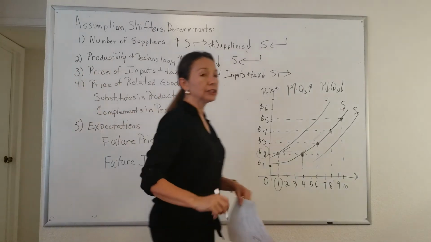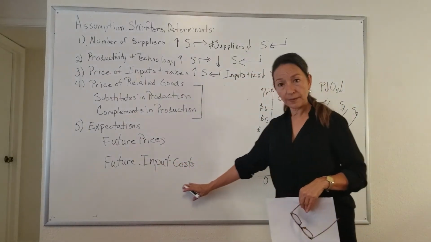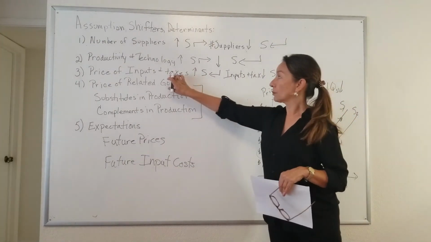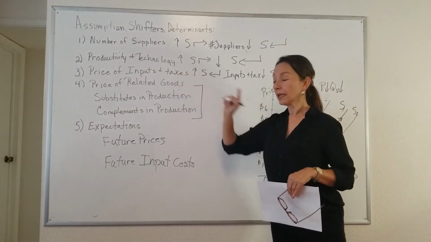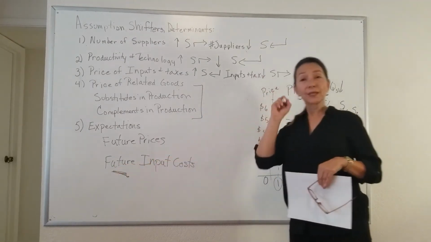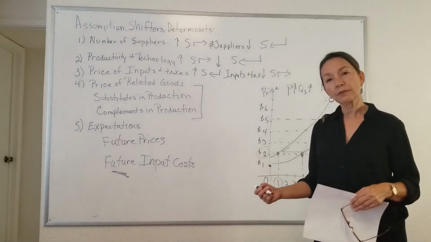Okay, so let me start with future input costs. This is kind of similar to the price of inputs and taxes. The difference is this word future. What do you think is going to happen in the future to the cost of your inputs?